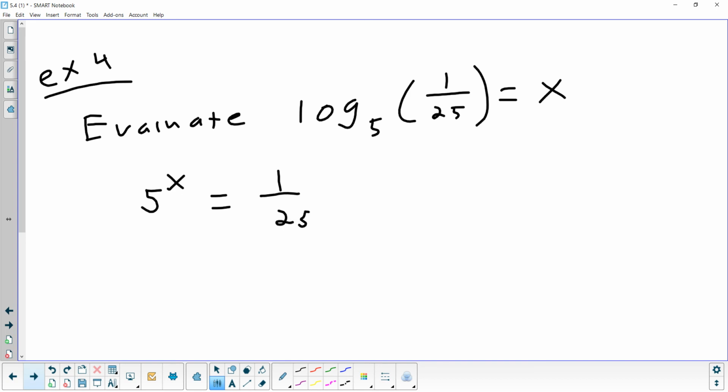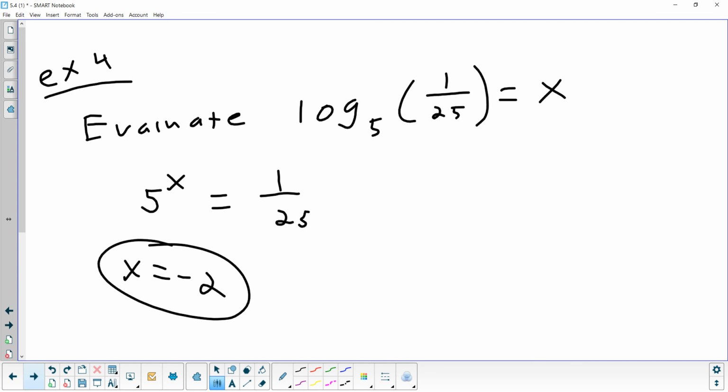Okay. Now, think about what kind of number x would have to be to give you a fraction. If it was 5 to the x equals 25, then I would go with 2. But this is 5 to the x equals 1 over 25. So how are we going to make it 1 over and get that in the bottom? Yep, -2. Perfect. So the answer there is -2.